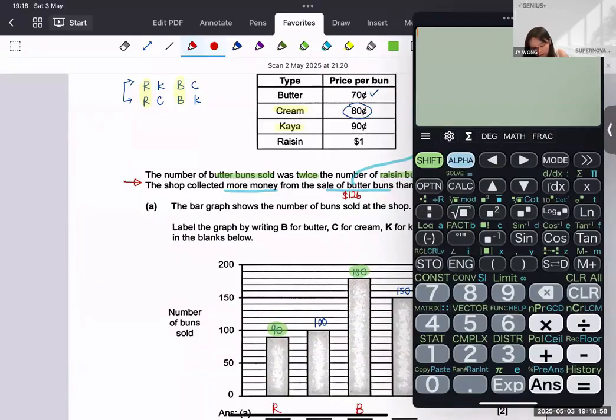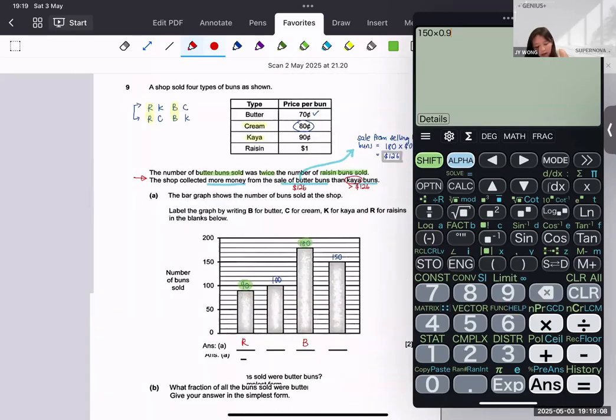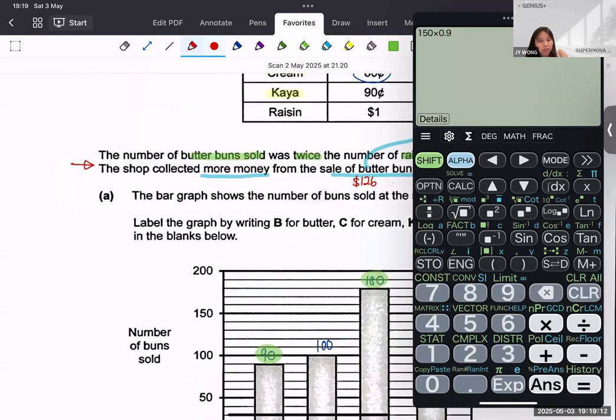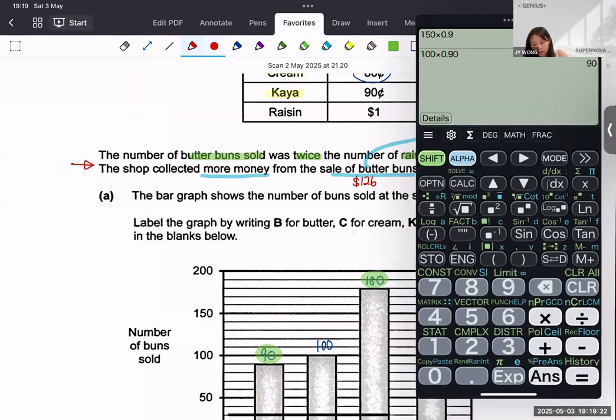So kaya, we have 150. We're going to try 150 times 90 cents. I will get 135. Just now we said the total sales from selling butter buns is 126. So of course, this answer is out already. So you try the next one, 100 times 90 cents. Then it's $90.